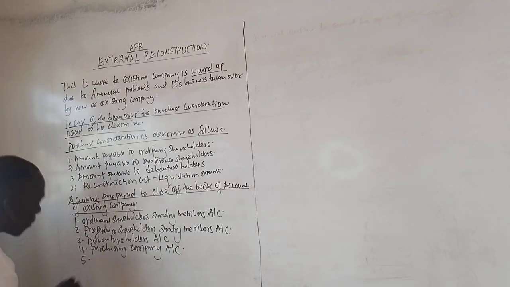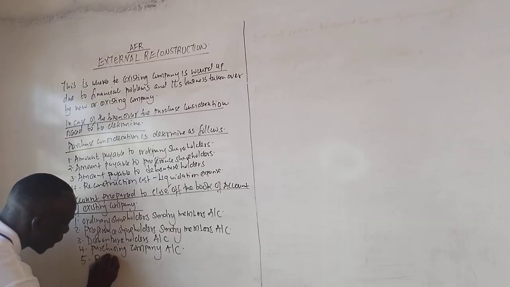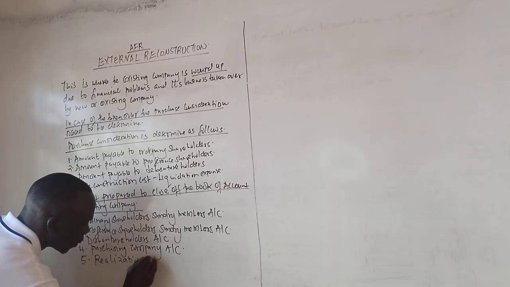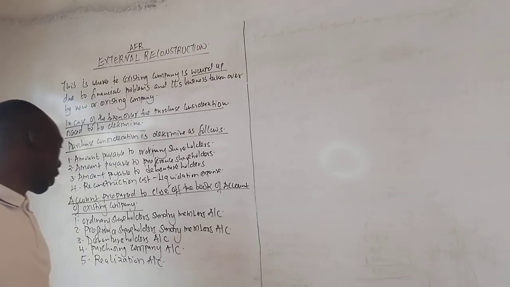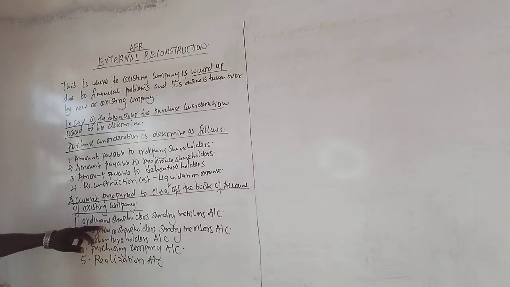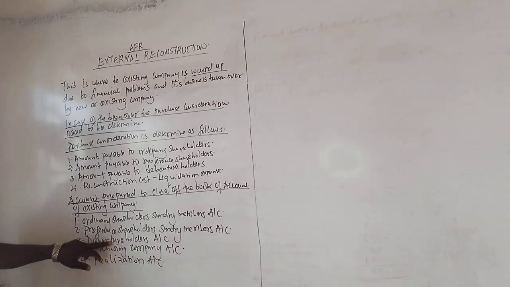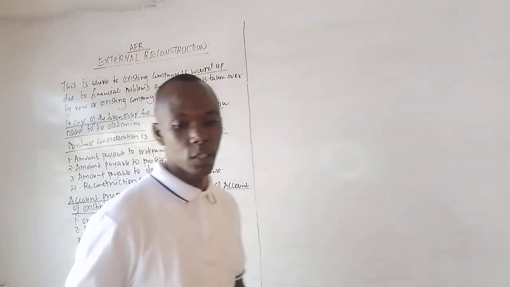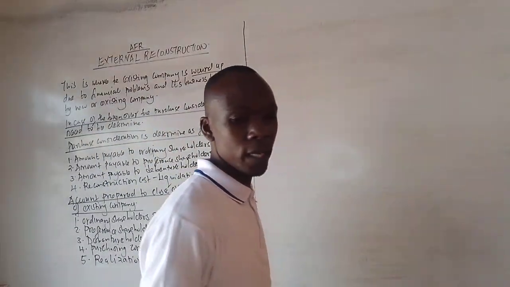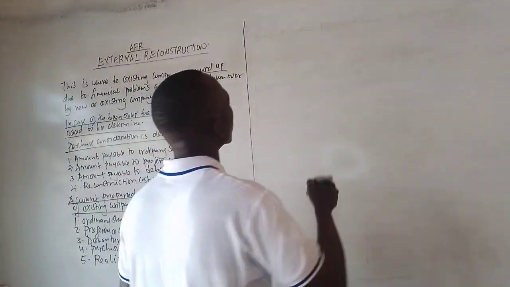And finally, number 5, the realization account. So these are the accounts which are prepared to close off the books of account of the existing company. You need to know how to prepare each of these accounts.